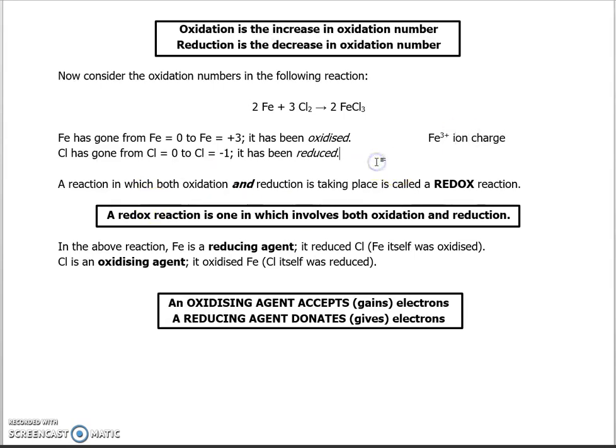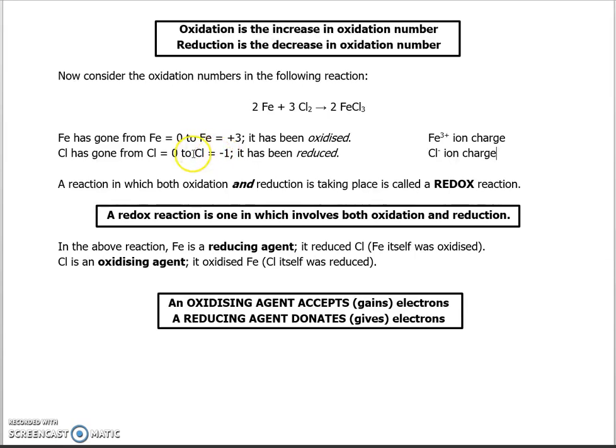And for chloride, it is a 1 minus ion charge. So you do need to work with both systems, and if you write the number in front of the sign for an oxidation number, you won't get the mark.